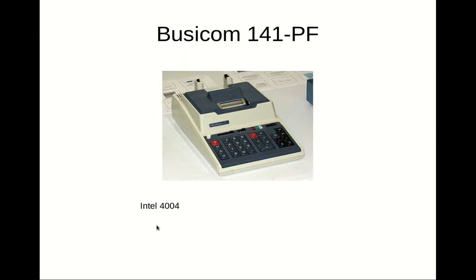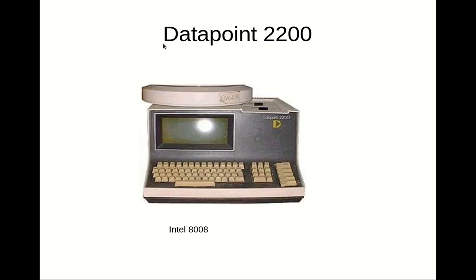Initially, the microchip producers probably didn't have a microcomputer revolution as it happened later in mind, but instead they thought more about machines like this one, where actually the Intel 4004 was built in. So this was a table calculator, or the example as we see it here, a Datapoint 2200.